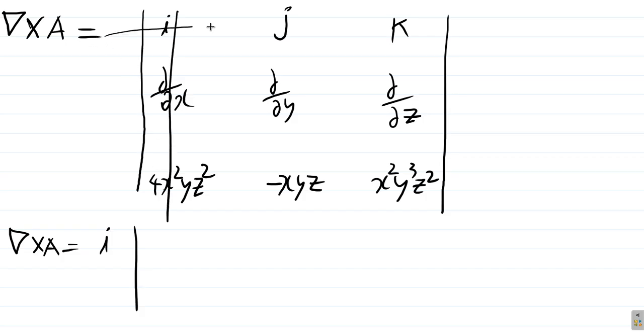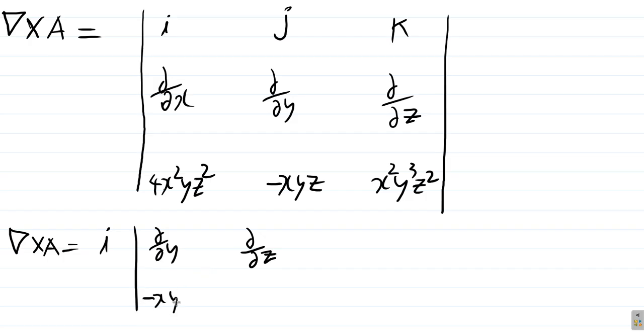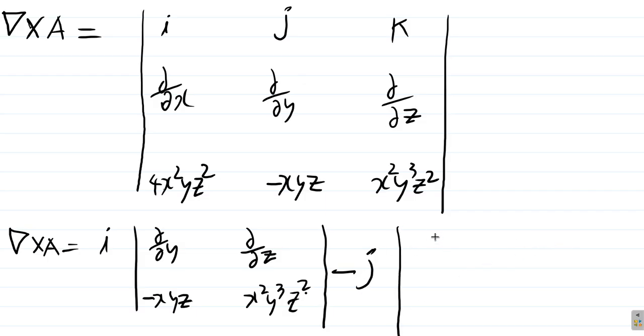When you cover the row and column with i, you're going to have partial by partial y, partial by partial z, of negative x y z, x squared y cubed z squared. Minus j times a certain determinant.